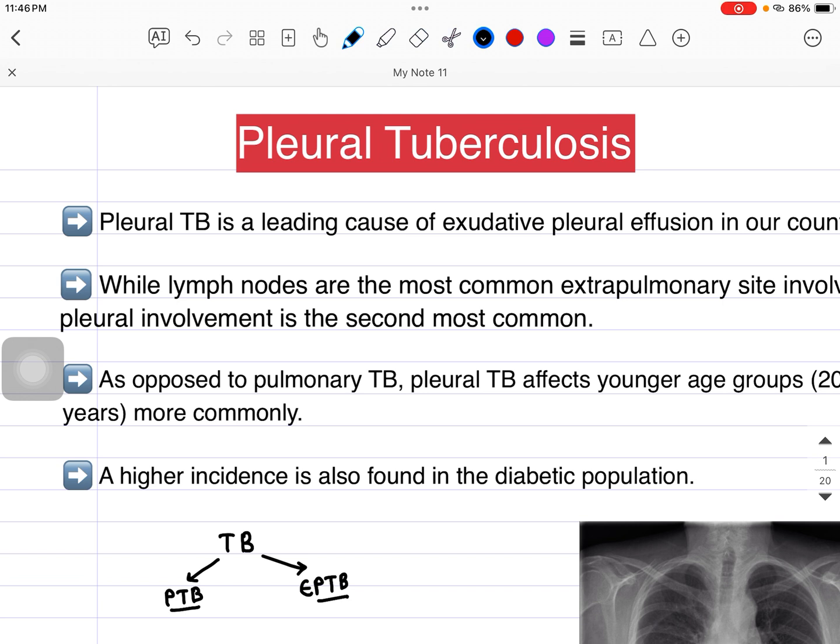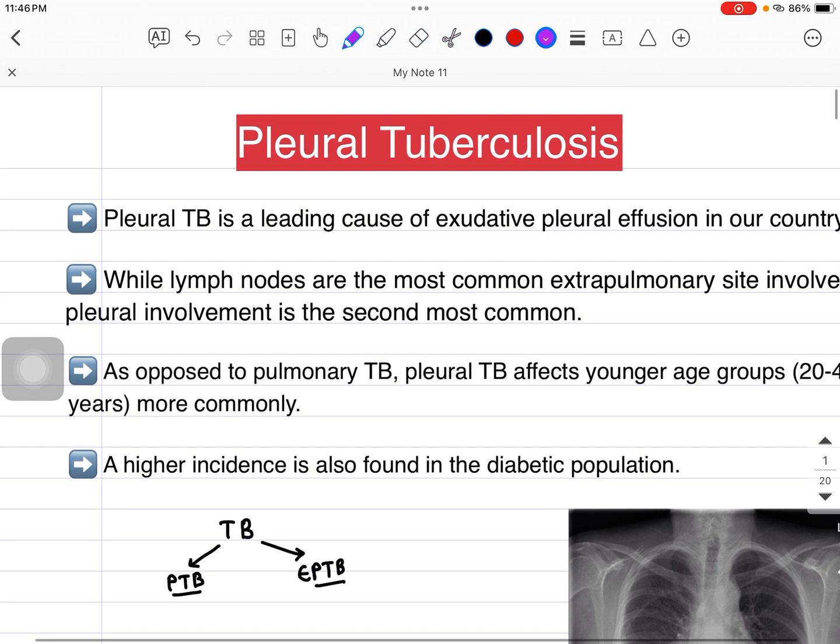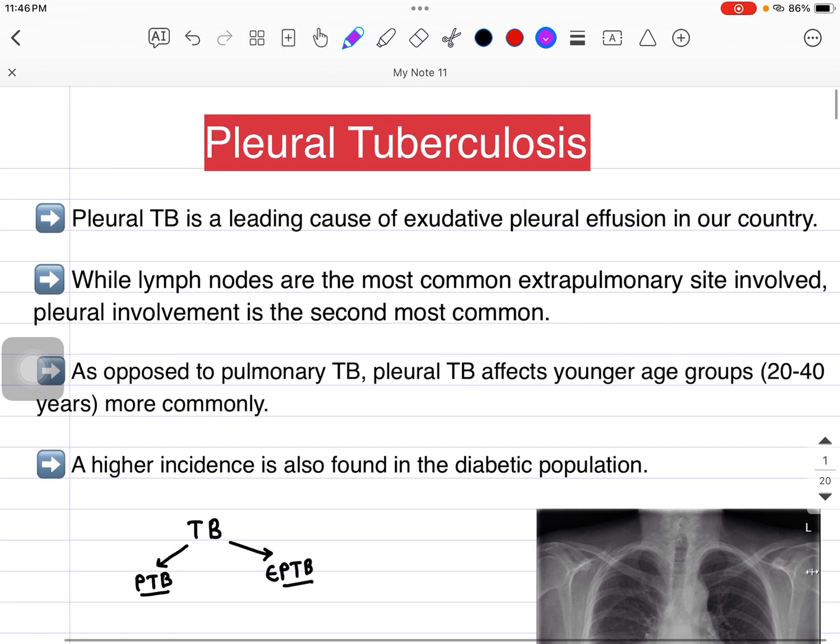Here I would like to highlight some points. Pleural TB is the leading cause of exudative pleural effusion in our country. We'll talk later about exudative and transudative pleural effusion.